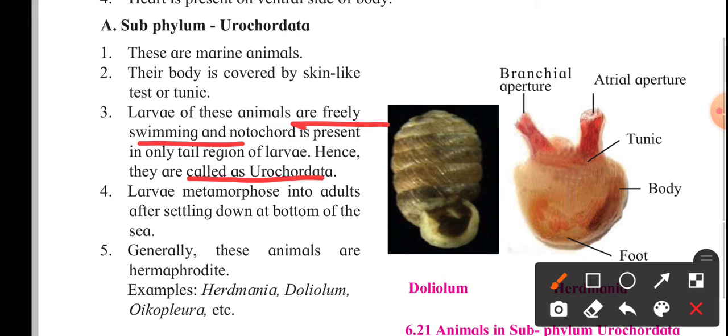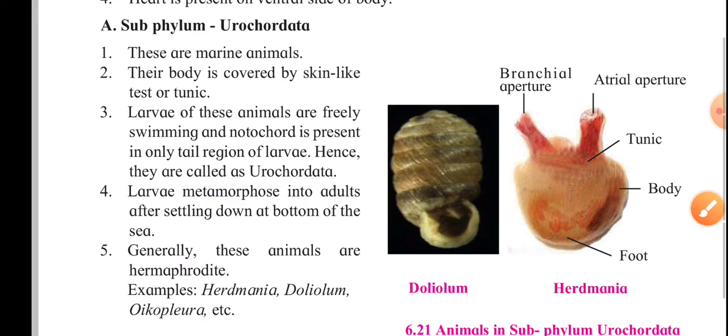Hence, they are called Urochordata. The larva metamorphoses into an adult after settling down at the bottom of the sea. Generally, these animals are hermaphrodite. Examples are Herdmania, Doliolum, and Oikopleura, etc.